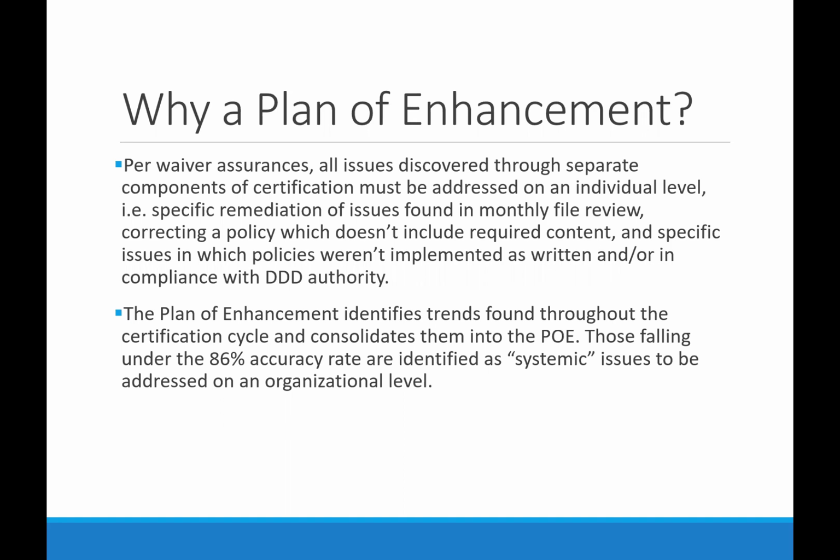What that means is the 86% accuracy rate really reflects a sum of all of the factors, all of the files, all of the locations that were inspected. If there's a particular element that is not accurate at least 86% of the time, that is identified and considered a systemic issue.